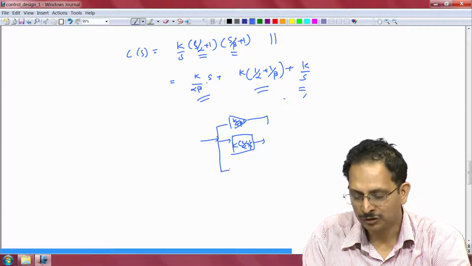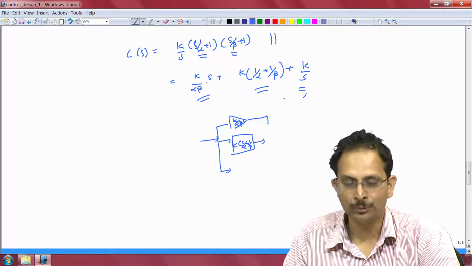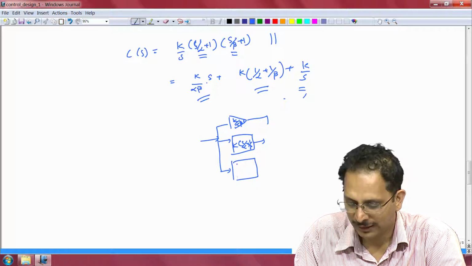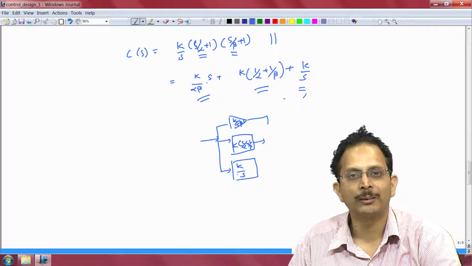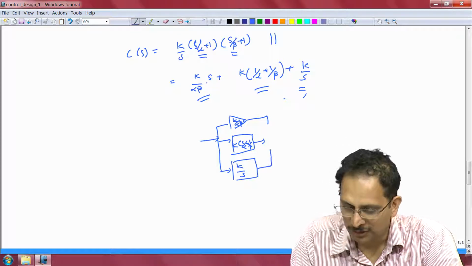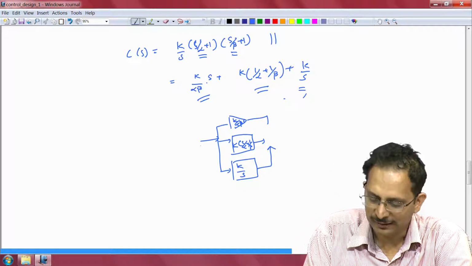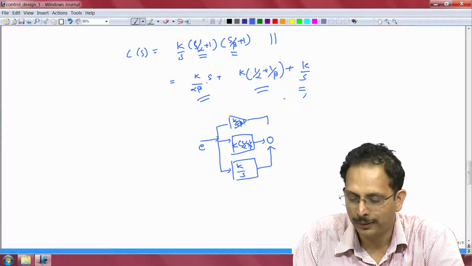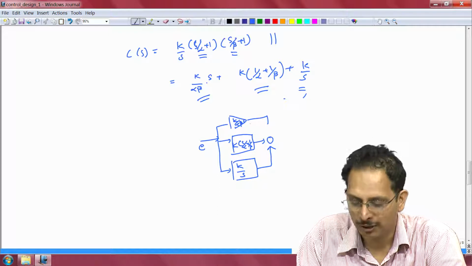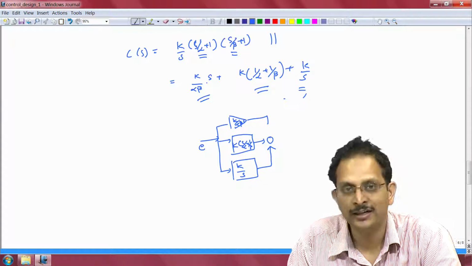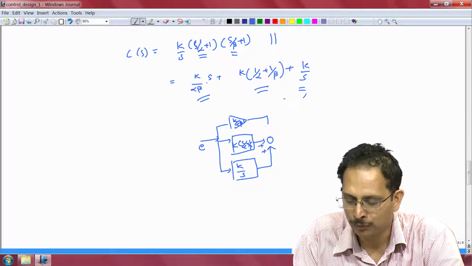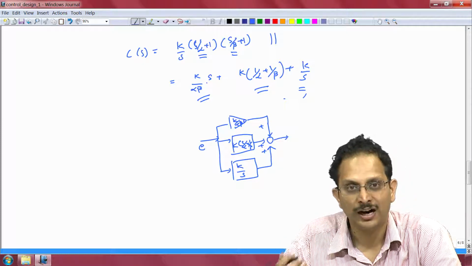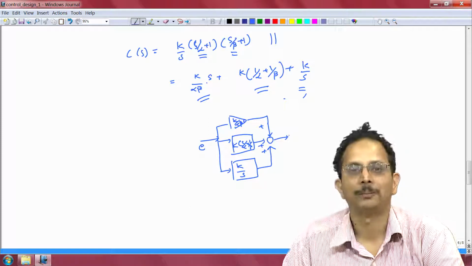Likewise one can use another op amp based circuit to realize an integrator as well. So we would have k by s also that can be realized. So this controller would essentially take the error as the input and pass it through a differentiation block, a proportional block and an integration block, add the outputs of all these blocks, and the overall output of this addition is what is fed to the plant.